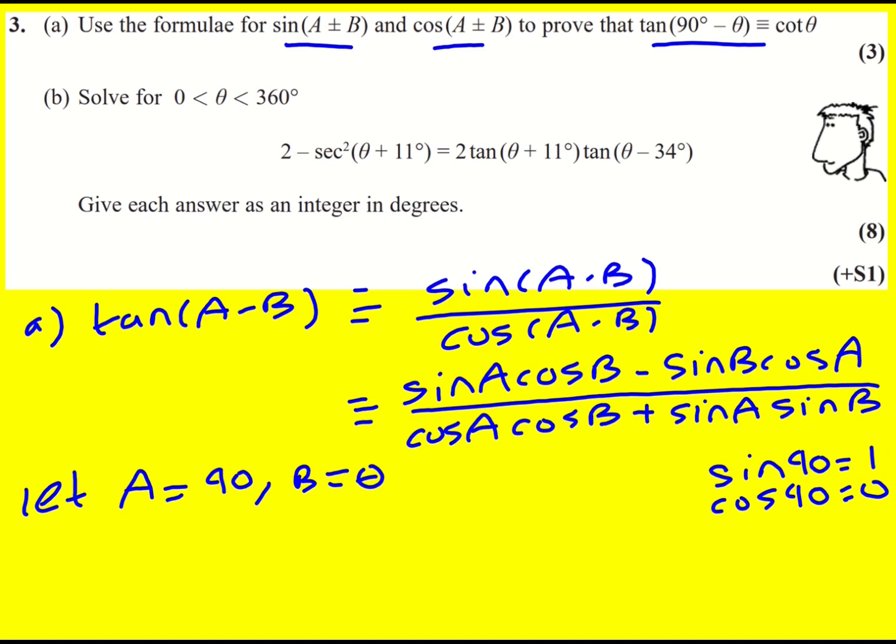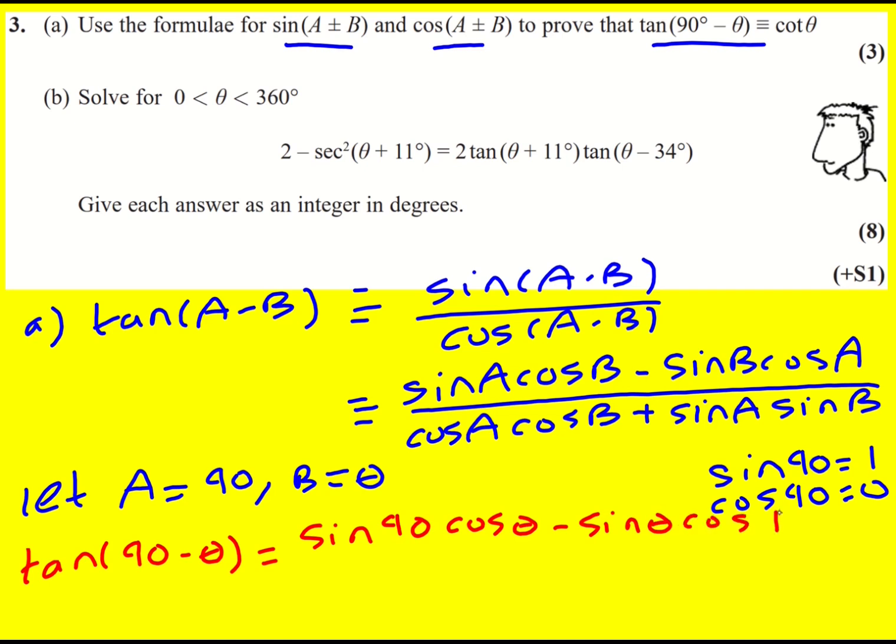So this is going to help simplify things a lot. Therefore, tan(90 - θ) is going to equal sin 90 cos θ minus sin θ cos 90. Straight away, I can cross that one out, by the way, because cos 90 is 0.